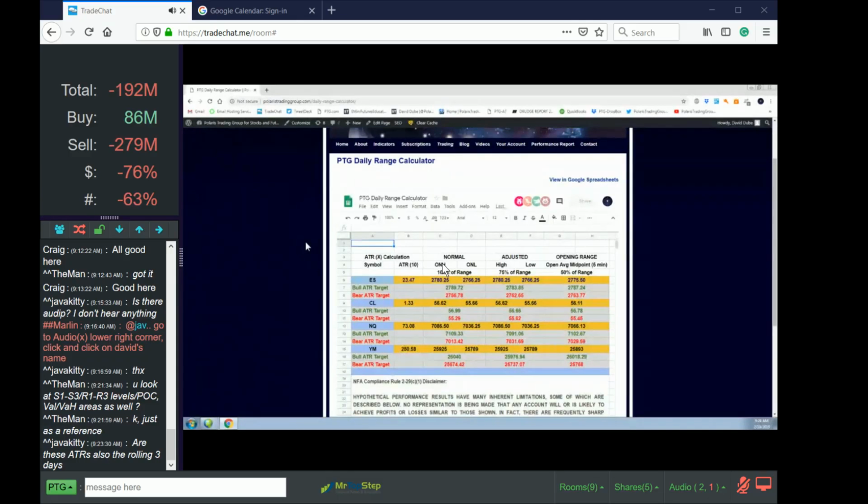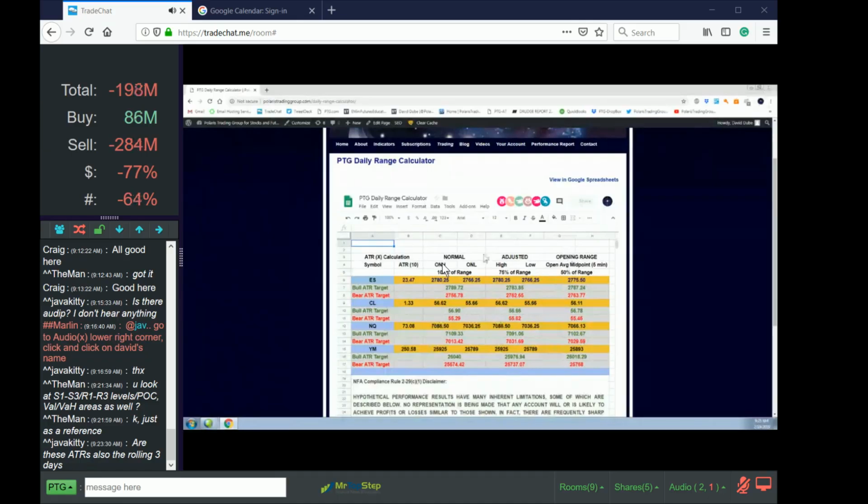This is free access for everyone. What we do is take information from this spreadsheet and put it onto the charts, so what you're looking at on the charts is that plus additional information beyond the spreadsheet. But this is a good place to start.